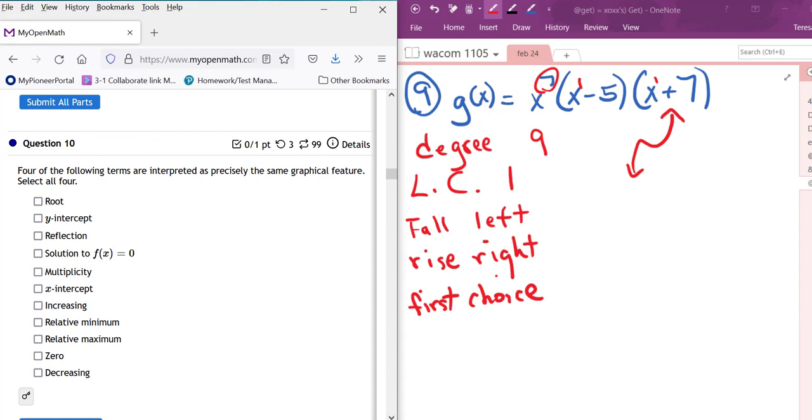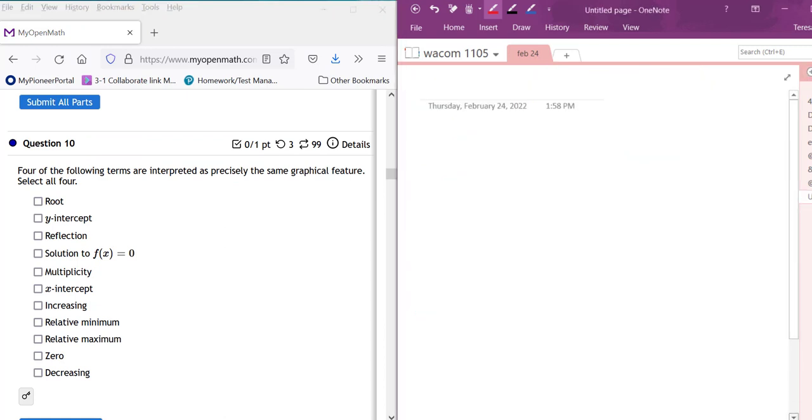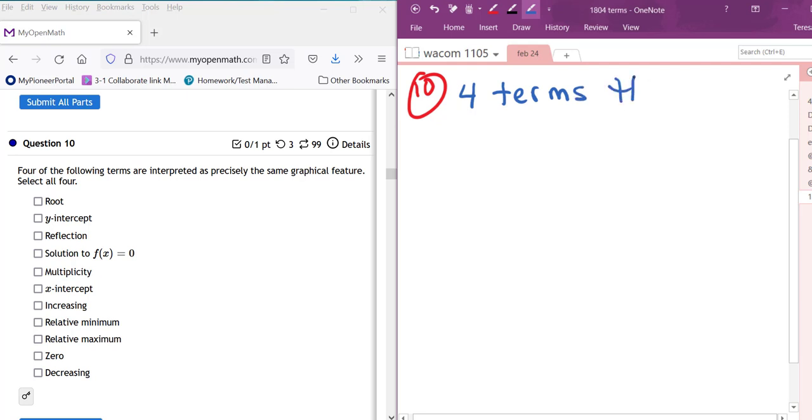All right, I did pick 10. And this is very important. It's just something that you need to know. Four of the following terms are interpreted as exactly the same graphical feature. Select all 4. And they are talking about root. So 4 terms that mean the same on a graph.